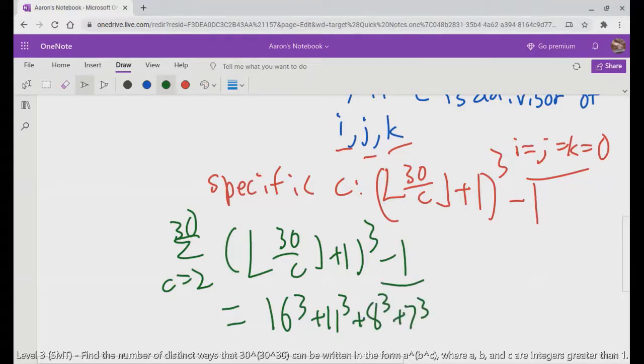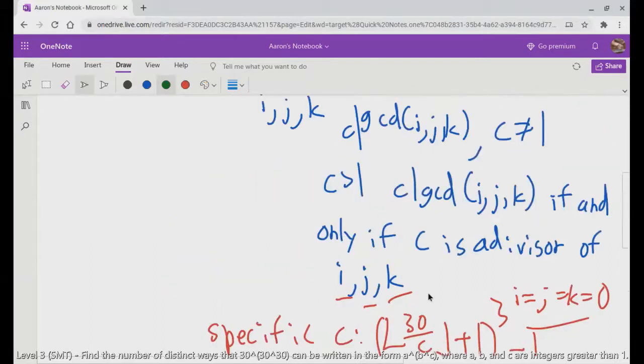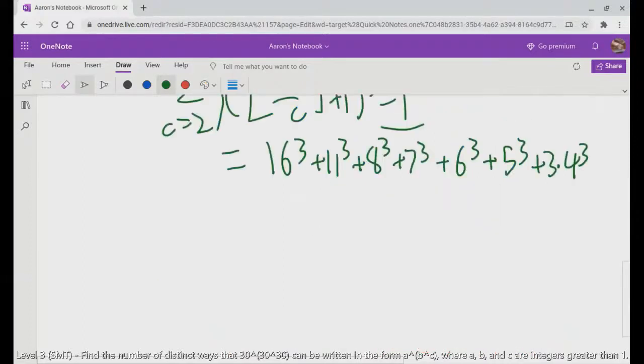If you're wondering where the minus 1 here is going, there are 29 numbers in this sum, so we can just subtract 29 at the end. So plus 6 cubed plus 5 cubed plus 3 times 4 cubed plus 5 times 3 cubed plus 15 times 2 cubed minus 29.